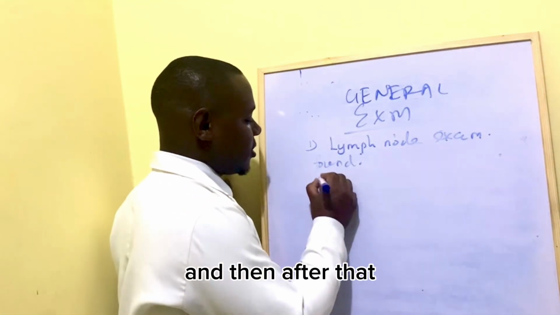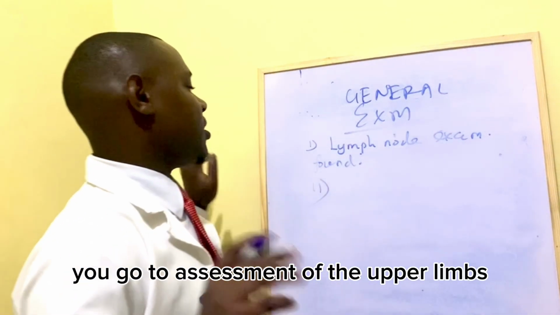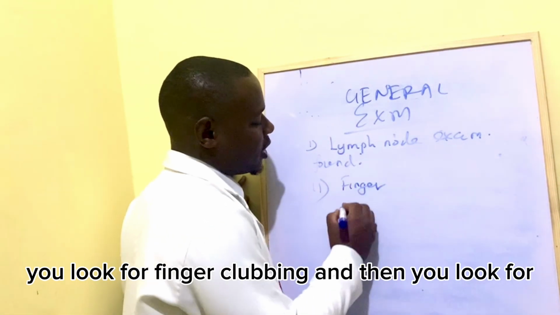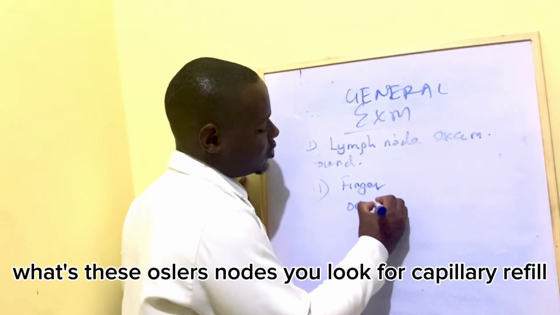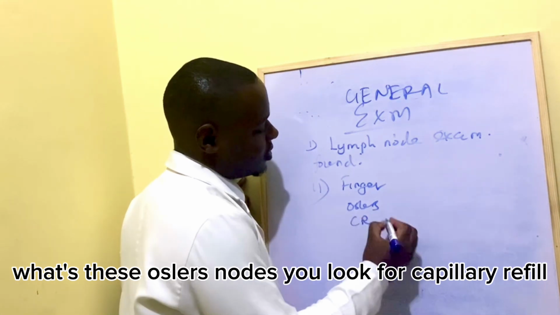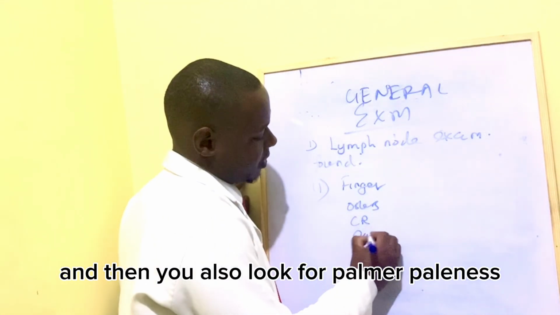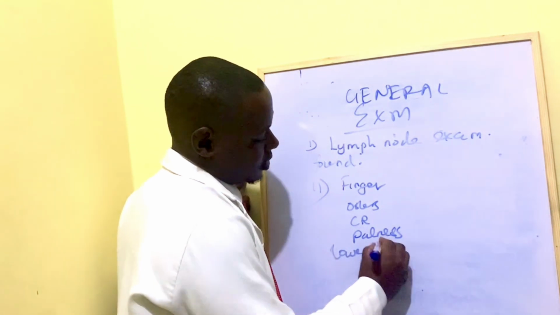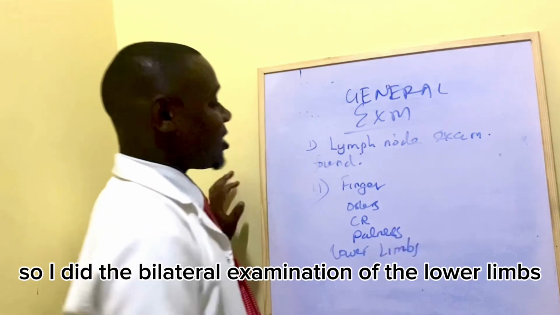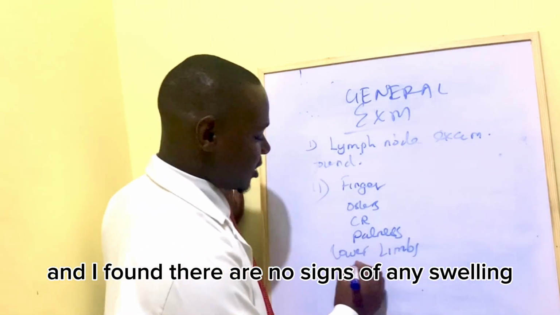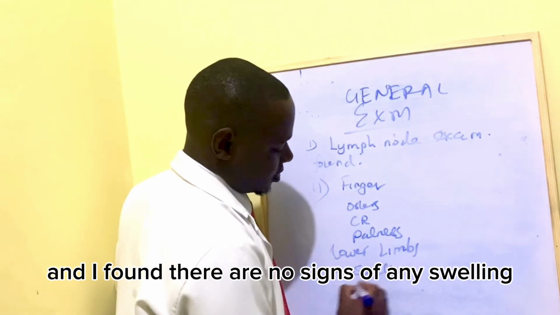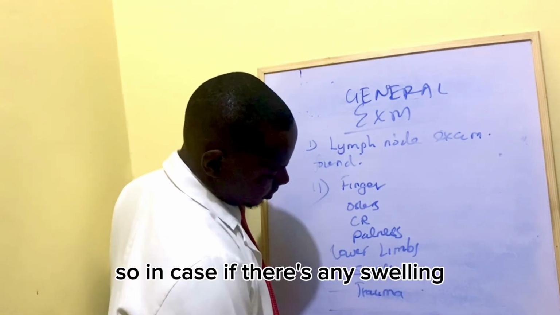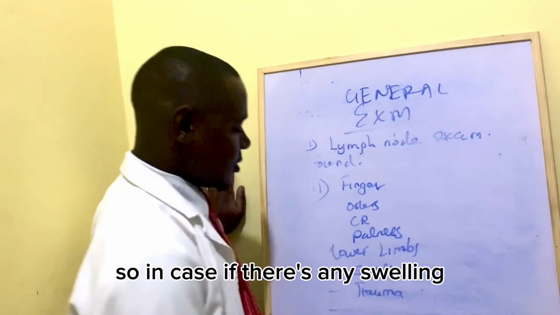And then after that, you go to assessment of the upper limbs. So you look for finger clubbing, and then you look for Osler's nodes, you look for capillary refill, and then you also look for palmar pallor. And after that, you go to the lower limbs. So I did a bilateral examination of the lower limbs, and I found there are no signs of any swelling, trauma, or cellulitis.